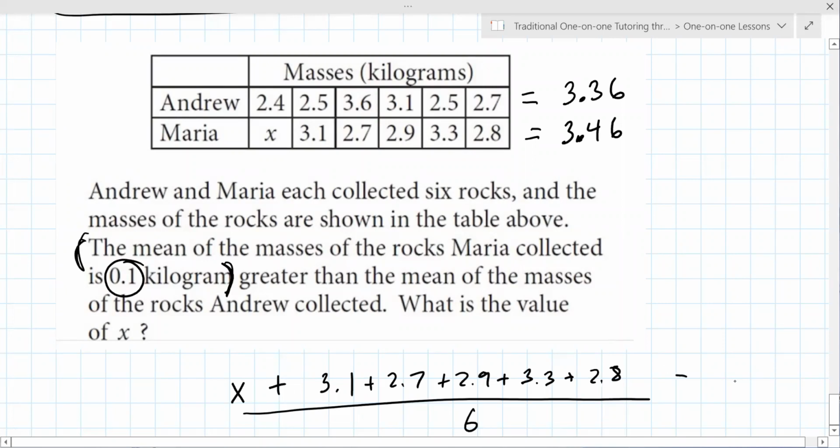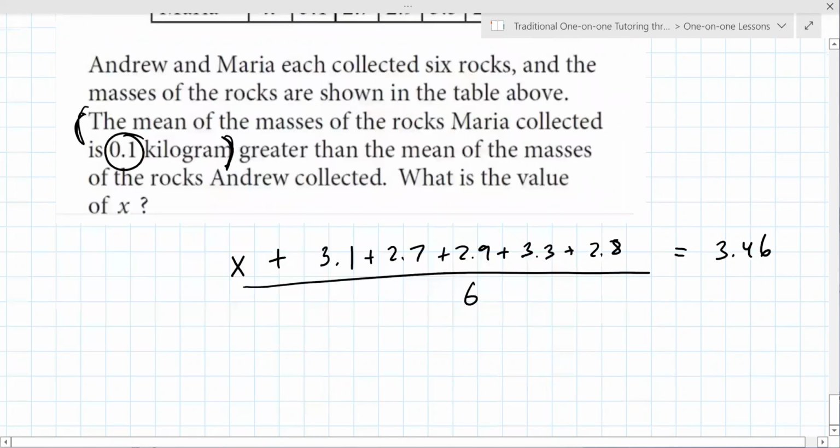And this equals 3.46. Okay, so this is that problem we just did where you want to multiply both sides by what number to clear the fraction? 6. So I got 20.76 on the right side.